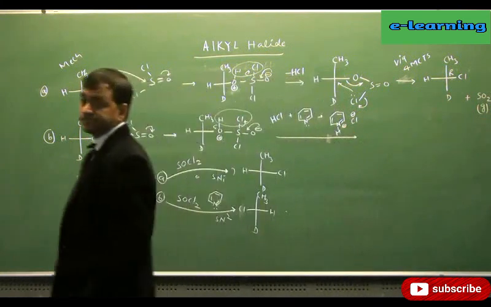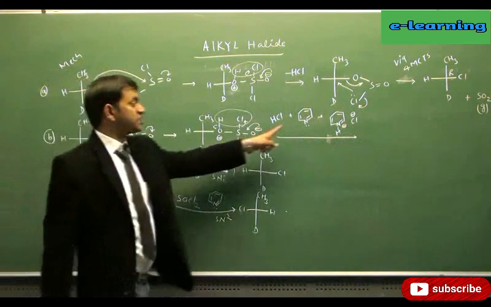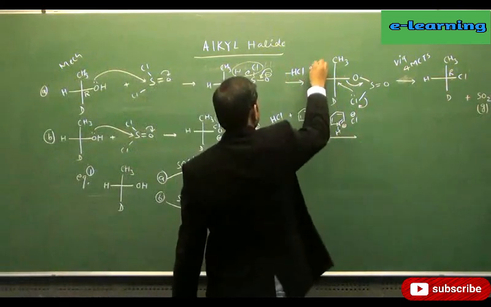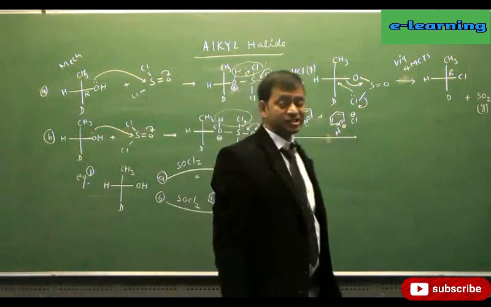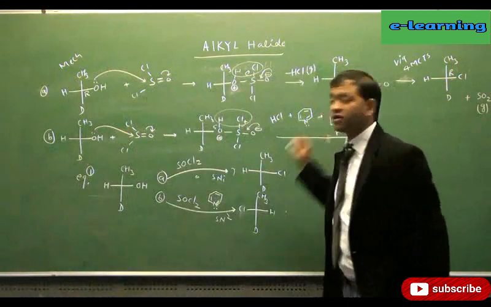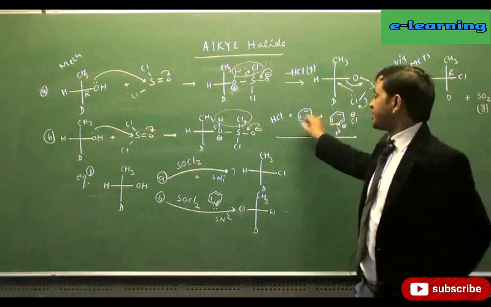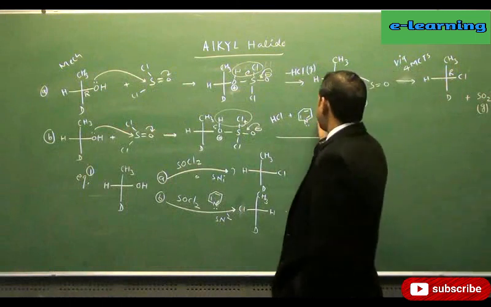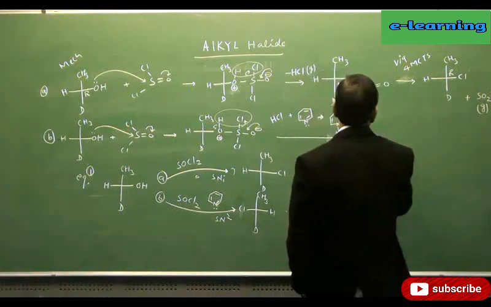Previously, what happened exactly? Previously no base was present, and the HCl which was removed escaped because it is gaseous in nature. But here, because of the presence of pyridine, it reacts with pyridine and gives pyridinium chloride. Now let us see this compound.